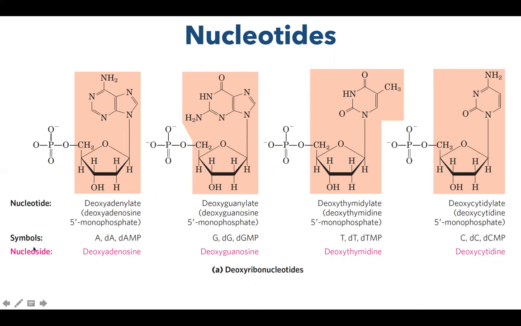Again, if it is a nucleoside, we don't have a phosphate group. So it's the one that is enclosed in the orange box. Without the phosphate group, we would call it deoxyadenosine.